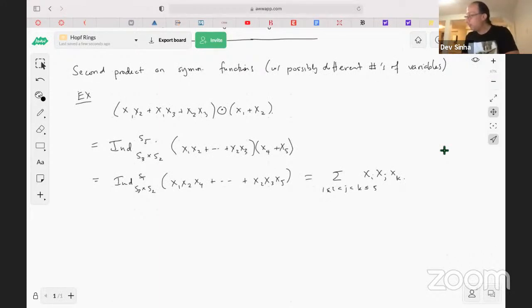Right. So we can also look at multiple sets of variables. What I'm going to do in general, instead of using multiple indices, is have a set of variables x, another set of variables y, maybe z, w, whatever. And so here's a symmetric polynomial.